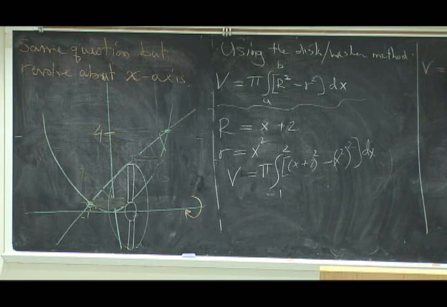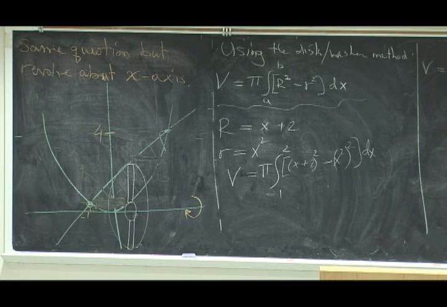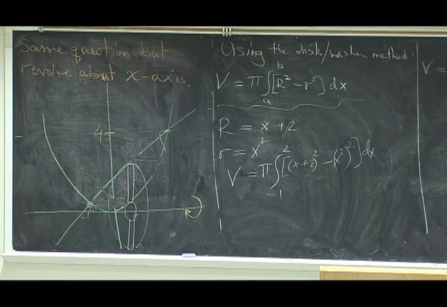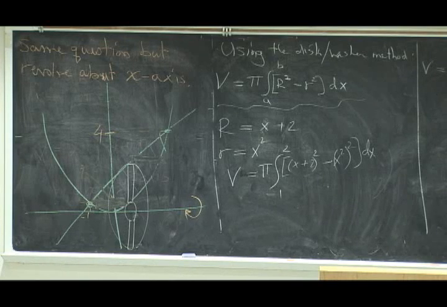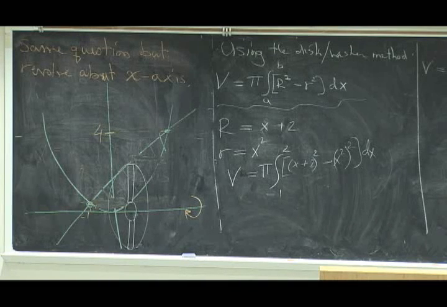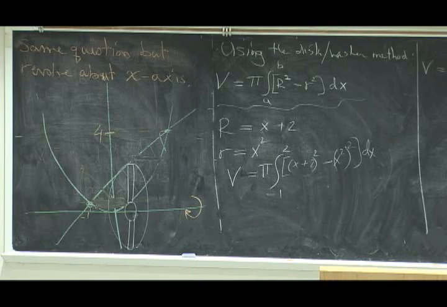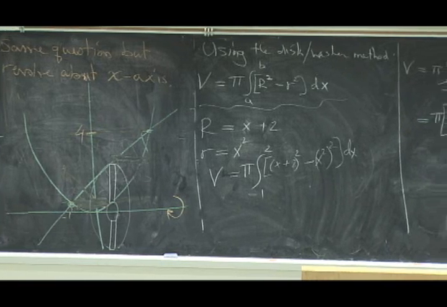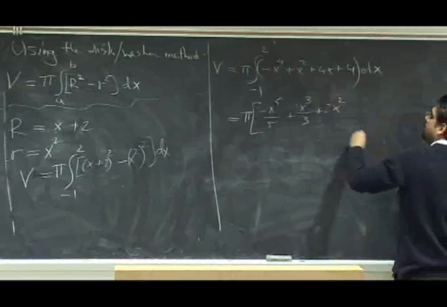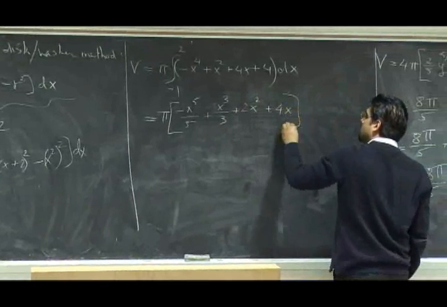So the volume is pi times the integral from -1 to 2 of minus x to the 4th plus x squared plus 4x plus 4. So the antiderivative is minus x to the 5th over 5, plus x cubed over 3, plus 2x squared, plus 4x, from -1 to 2.